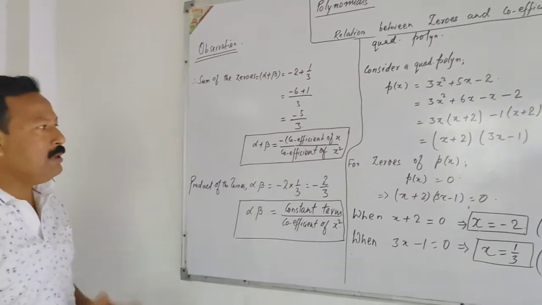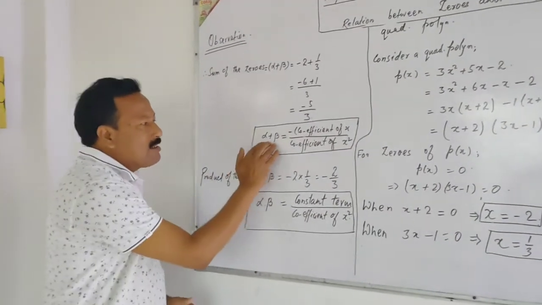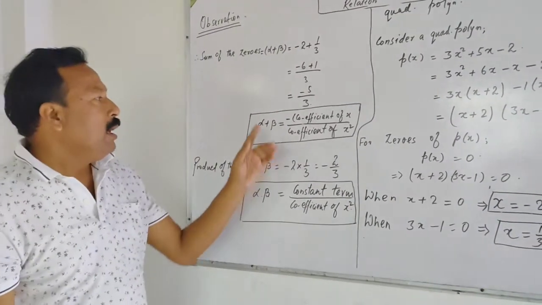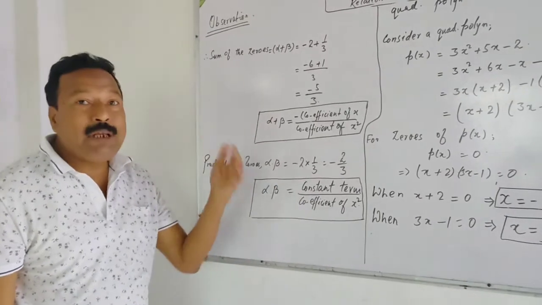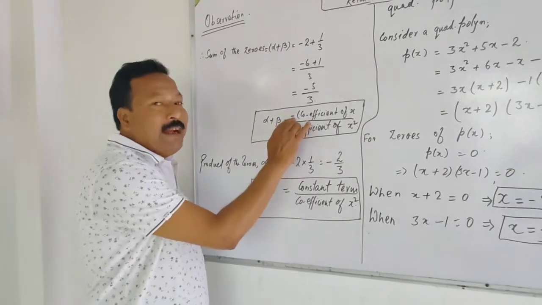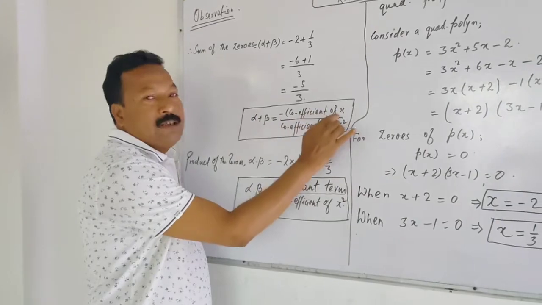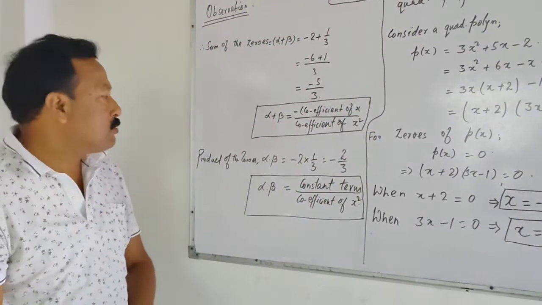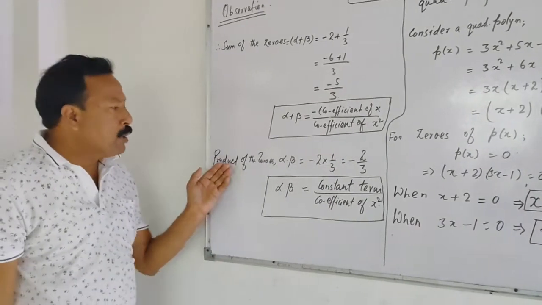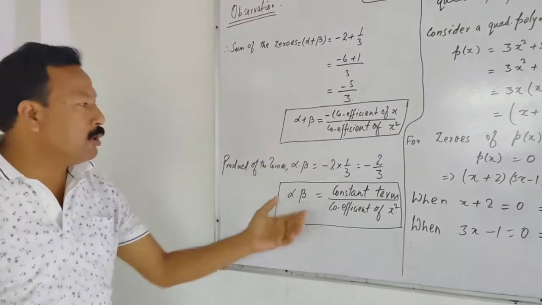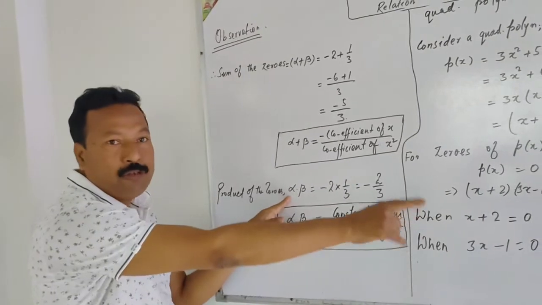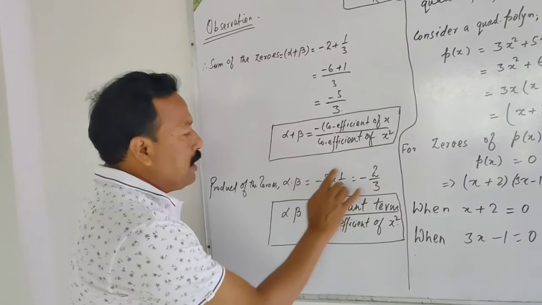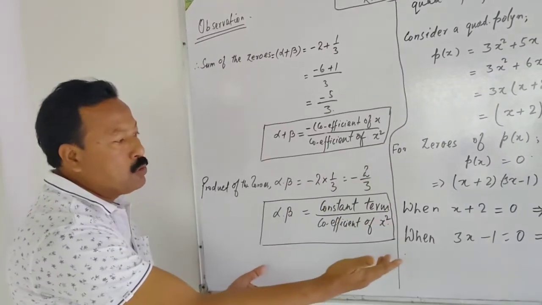Clearly, the sum of the two zeros of a quadratic polynomial can be given by the negative of the coefficient of x divided by the coefficient of x square. Similarly, the product of the two zeros alpha and beta, where alpha is minus 2 and beta is 1 upon 3, is minus 2 upon 3.